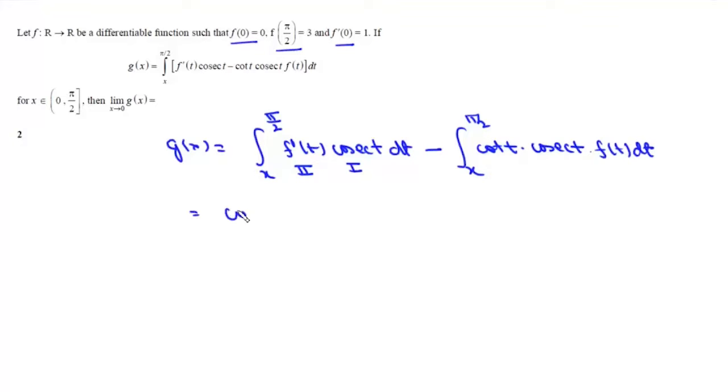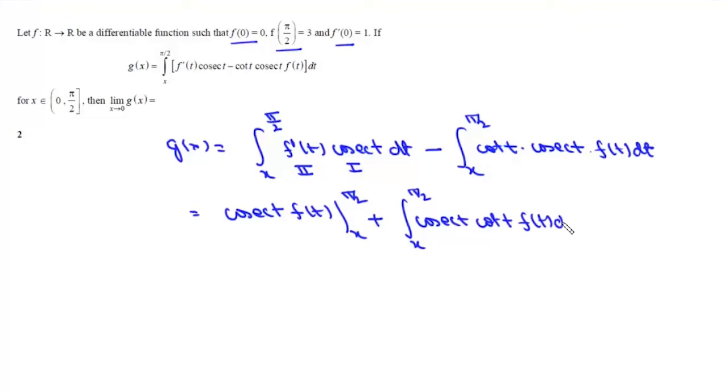So it will be cosec t, and then the integral of f'(t) will be f(t), with limits from x to pi/2, minus the integral from x to pi/2. Now the derivative of cosec t is minus cosec t cot t, and the integral of f'(t) is f(t) dt, which will get cancelled with the other expression, which is the same integral of cot t cosec t f(t) dt.